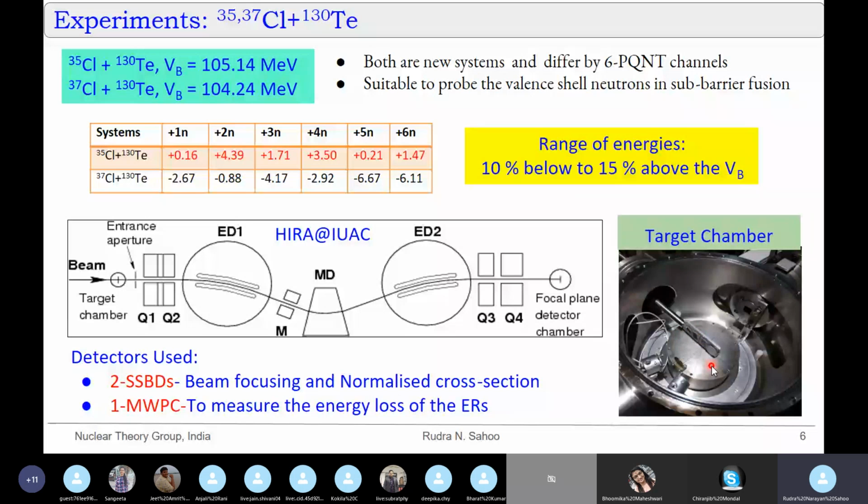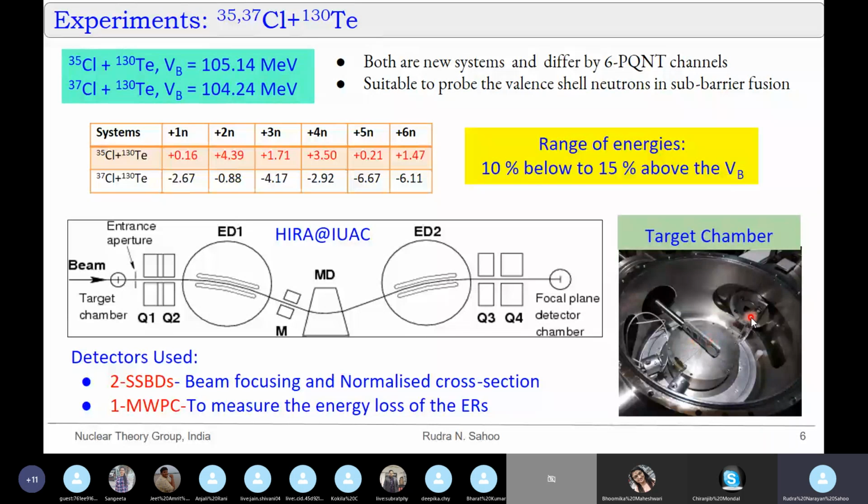Here we fixed two 130 tellurium targets with carbon backing and one quartz crystal. This quartz crystal is fixed here to focus the beam properly. After focusing the beam, we replace the quartz crystal with a different target to perform the experiment.